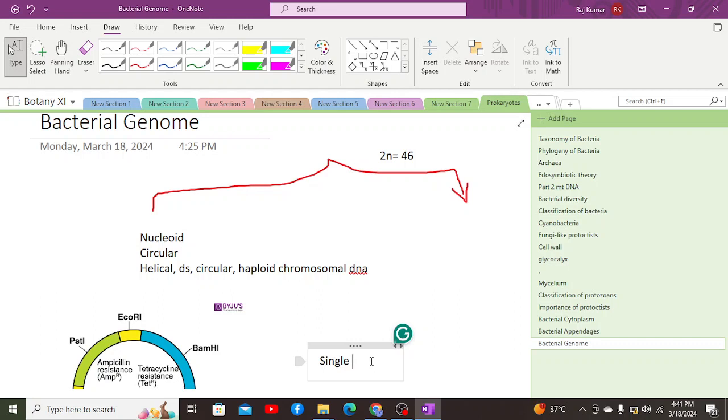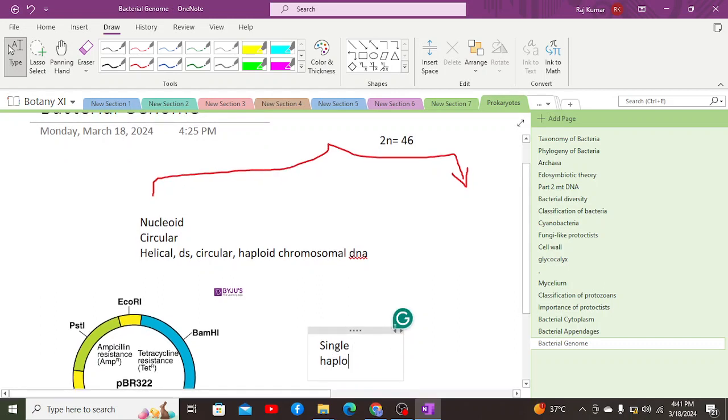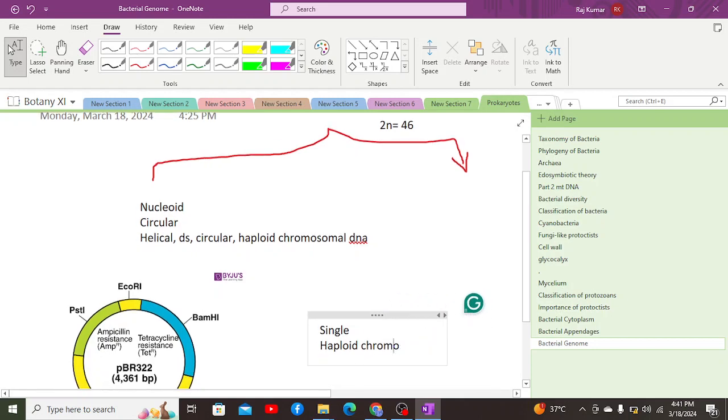Rather there is a haploid genome, which is a single set of chromosomes, due to which these are known as haploid chromosomes, and these are known as haploid organisms. So bacteria can be considered haploid organisms because they have a single set of chromosomes.